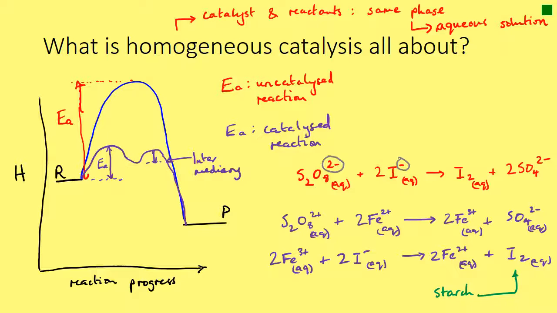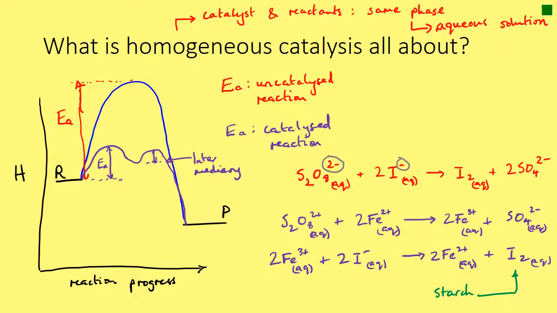So in the first step we've got our iron 2+ ions being oxidized into iron 3+ ions, and in the second step our iron 3+ ions are reduced back to iron 2+, and in the process you have converted our iodide ions into our iodine, which was our purpose all along.